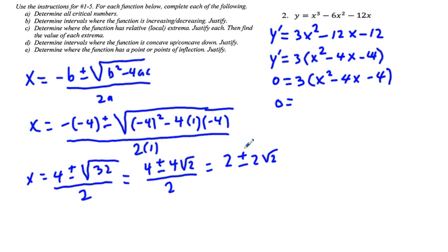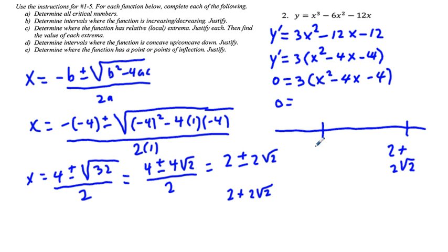So those will be our critical numbers. So this will be 2 plus 2 square root of 2, and this will be 2 minus 2 square root of 2.